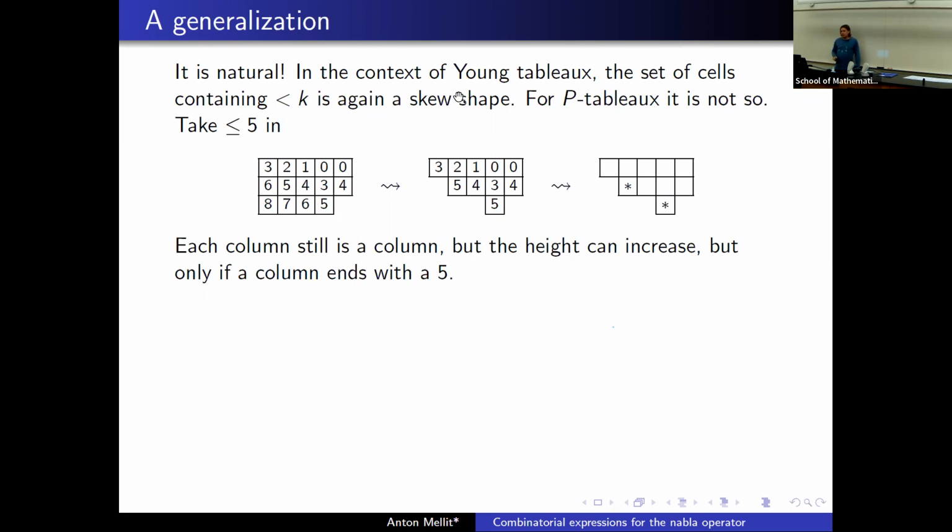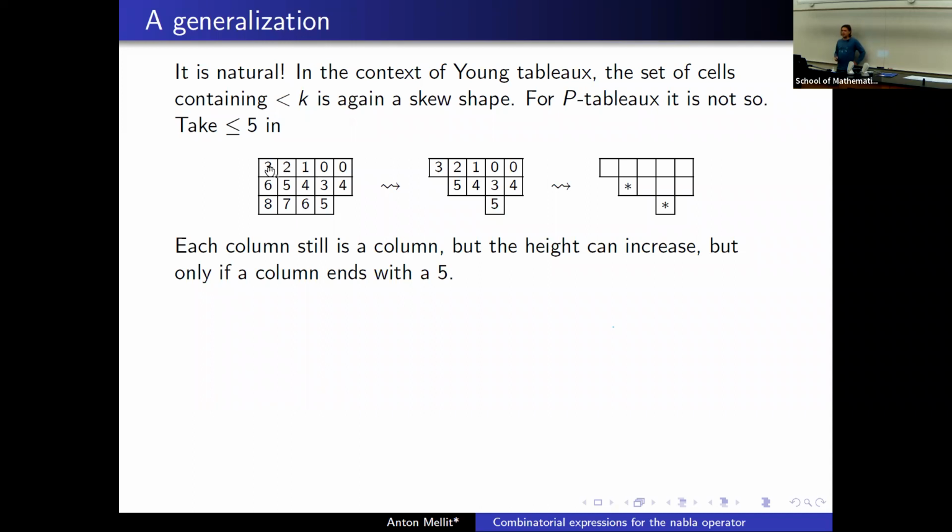But for our definition of P-tableau, it is not so. So let's look at this particular P-tableau. That's the first big example of a P-tableau, right? The unit interval order is the same as before. You see that in each row, numbers can decrease, but at most by 1.